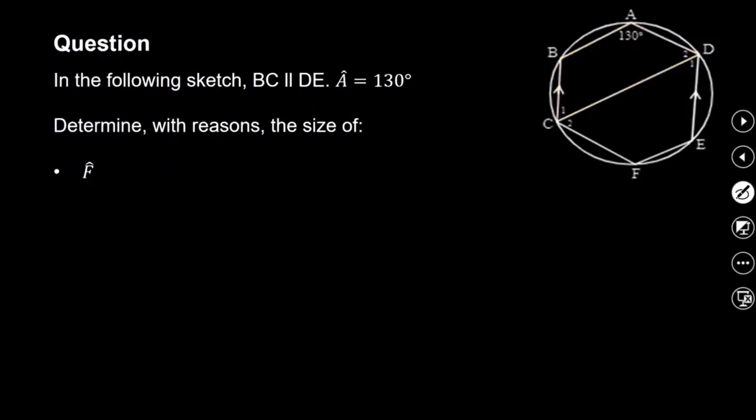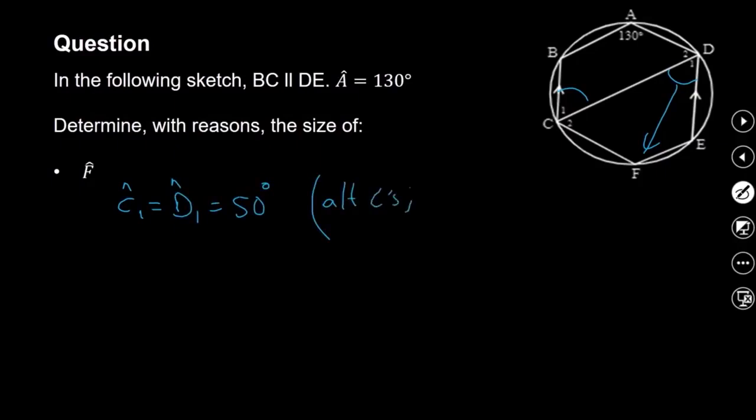So with angle F, I will then say that this angle here is firstly equal to that and then link it to angle F. So I will first say C1 is equals to D1, and this is equals to 50 degrees, and the reason for this will be alternate angles.